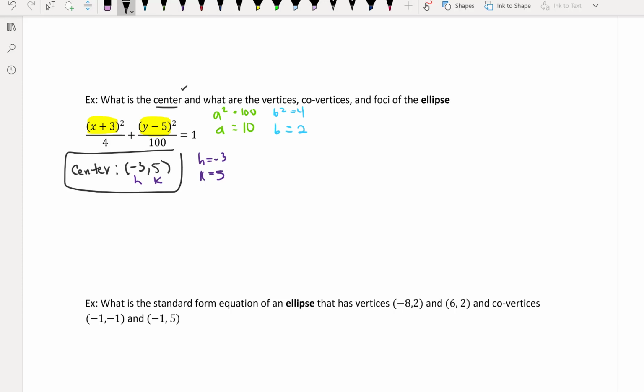Now, the next thing we want to do is our vertices. If I'm thinking about the vertices for this, it is going to be h, comma, k plus or minus my a value. So let's think about that. Well, my h value doesn't change, that's -3. The k value is fixed to be 5. And that a value there is 10.